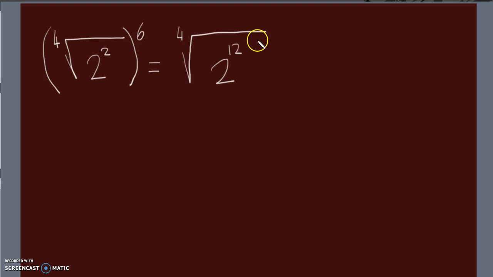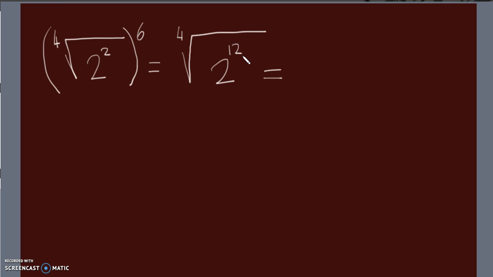And now, this is not going to be the final solution, because when you have an index and an exponent like this, we have 4 in the index, 12 in the exponent, we can simplify both.